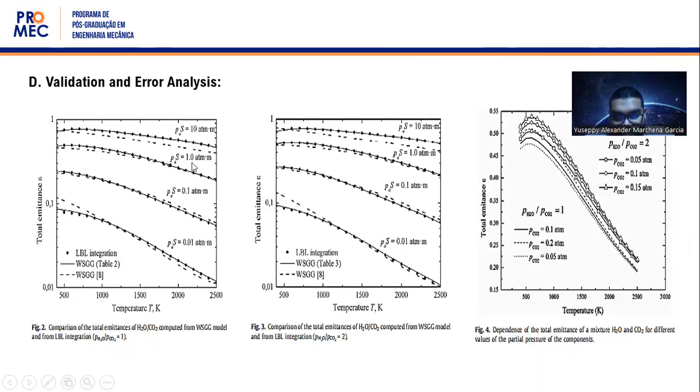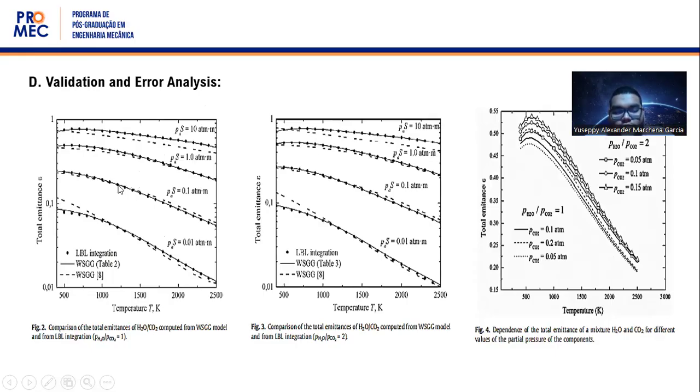In figure 2 and figure 3, we can look at the emittance calculated with the WSGG model, which is compared with those obtained using line-by-line integration for different pressure path lengths. As we can see here, we have many different pressure path length values, and for the three models we are talking about, all are very accurate.